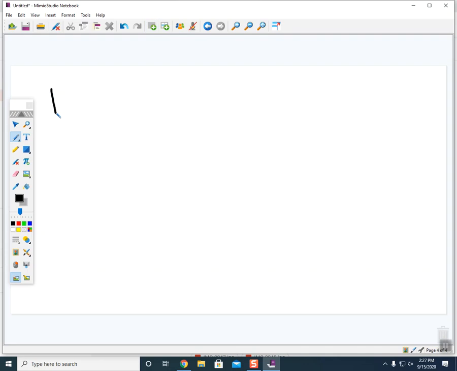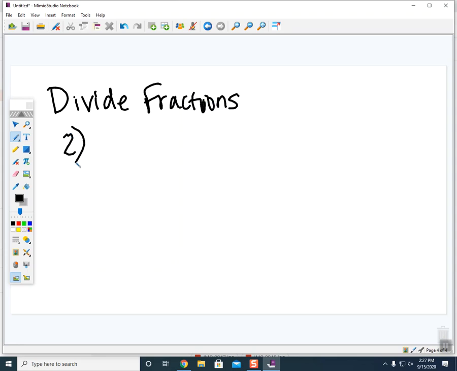The last way that we can divide fractions, I'm sure you've heard of, is keep, change, flip. So our second way, I'm going to say, use the reciprocal.